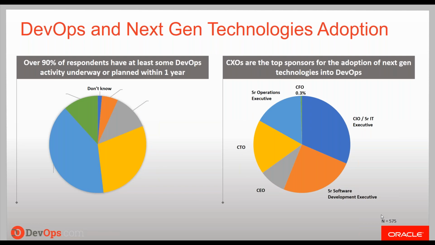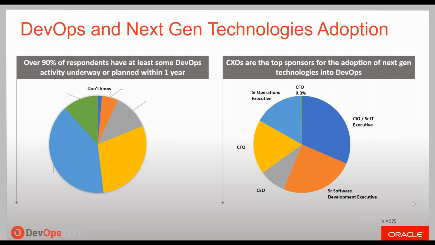Let's go to our next slide. This really gets to the heart of where we are here: DevOps and next-gen technologies adoption. With both of these questions, the results were right in line with surveys we've done previously at DevOps.com, as well as surveys from firms like Gartner and Forrester and some of the leading analyst firms.